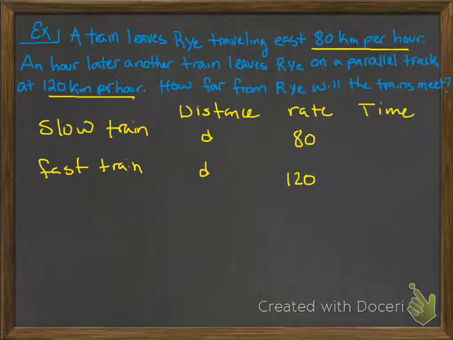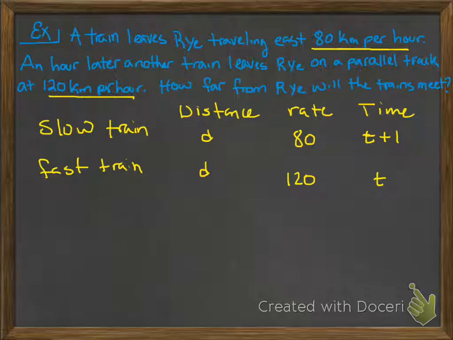So the slow train left an hour earlier than the fast train. So let's make the fast train be t. The fast train gets the time t. The slower train actually gets the time plus 1, because of the time it took plus an hour earlier. So now I know that I want to set both equations equal to d.